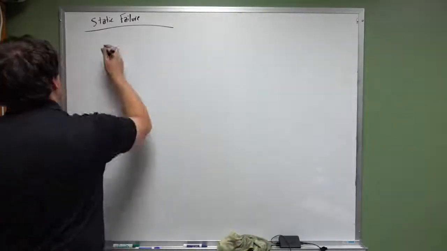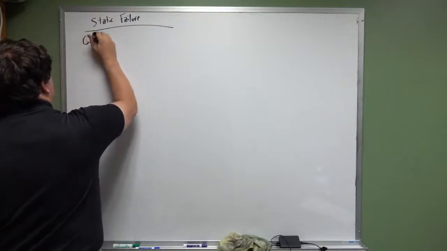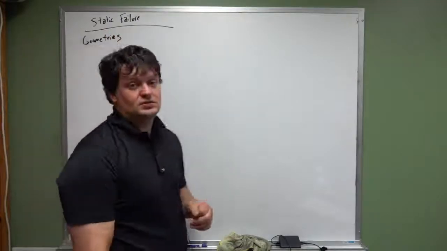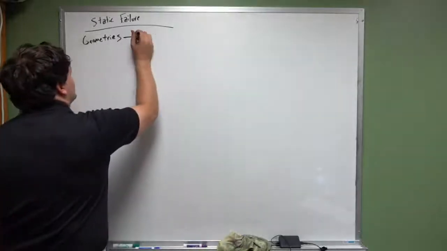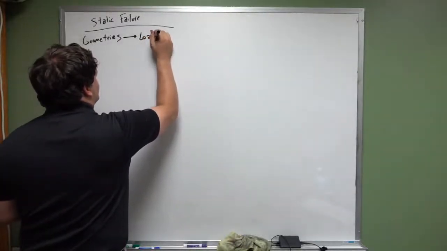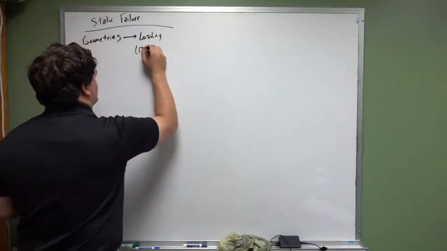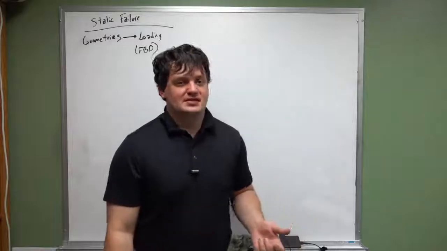The first step that we did was we determined geometries. You've got to know what the part looks like. Once you know what the part looks like, then you figure out your loading. This is where you do your free body diagram. What are the moments being applied to the system? What are the forces being applied to the system?